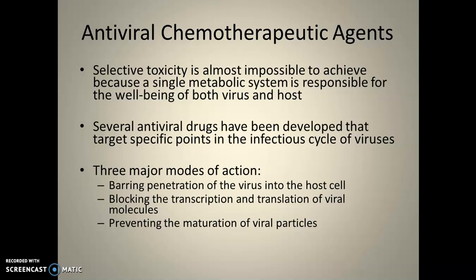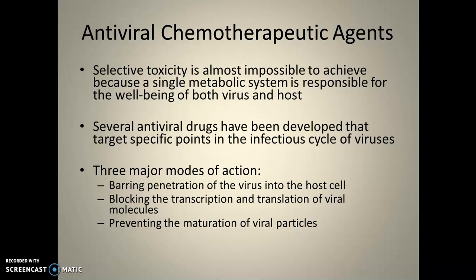So antiviral drugs work to help prevent viruses from getting into the host cell. There are some viruses that have specific enzymes, specific only to them, that they carry around. But that's only certain groups or families of virus.